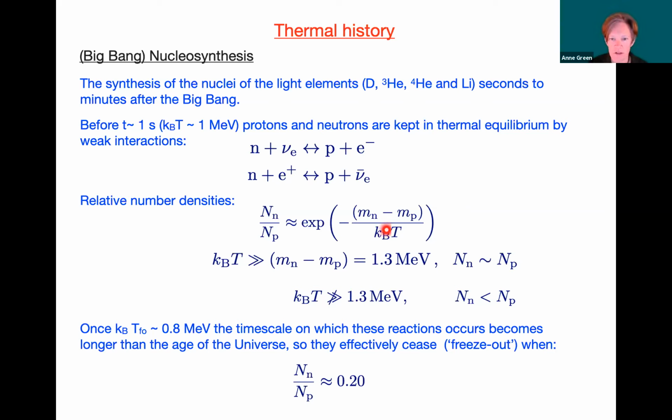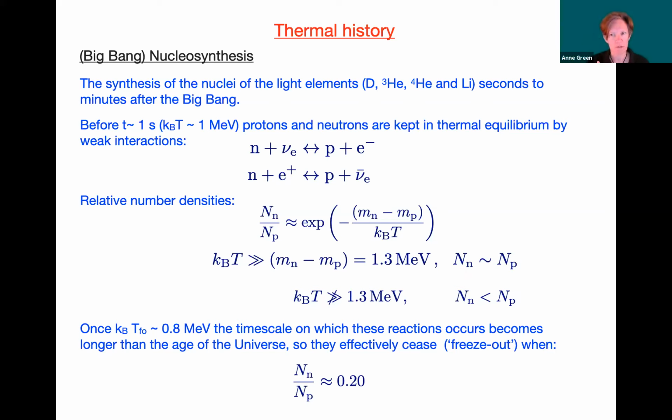So you've got the difference in their rest mass energies because we've set c equal to 1 on the top here, and then this essentially the temperature or thermal energy on the bottom. And so when the temperature is high enough to be bigger than the small difference in mass between the neutron and the proton, the neutron's slightly heavier, the number of neutrons and protons is roughly equal to each other.